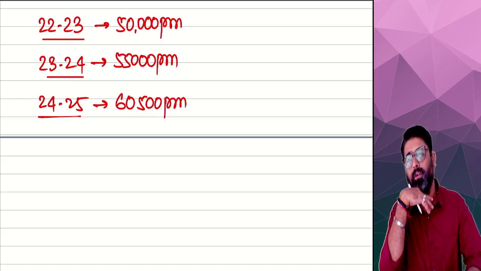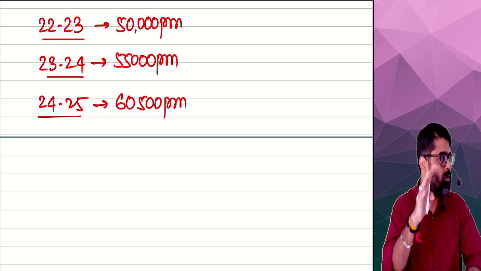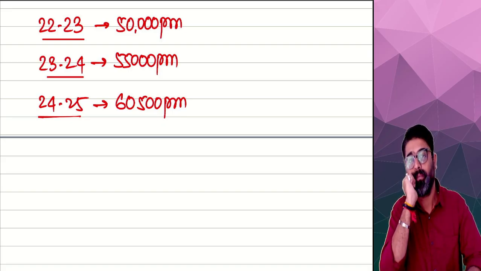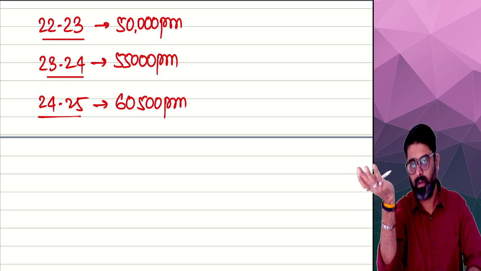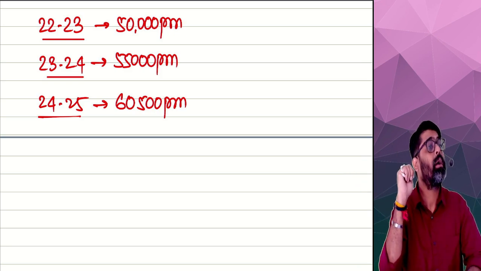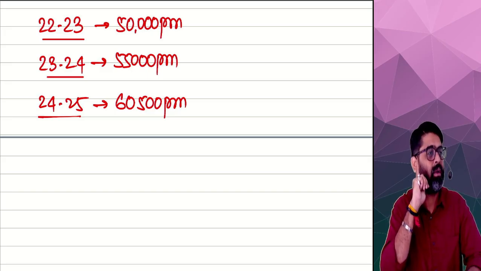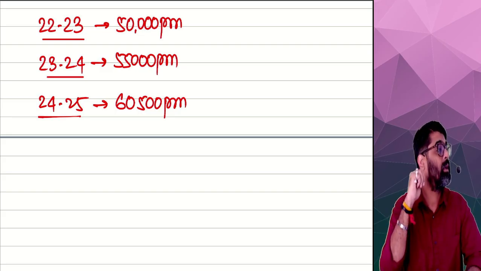Please don't ask for an increment in this year. I'm not throwing you out. I'm telling you to work only, but please don't ask for this year's increment. Whenever the company will make the profits, that time the company will give you the increment. But right now, for this year, please accept the same salary, 50,000, which you were earning last year.